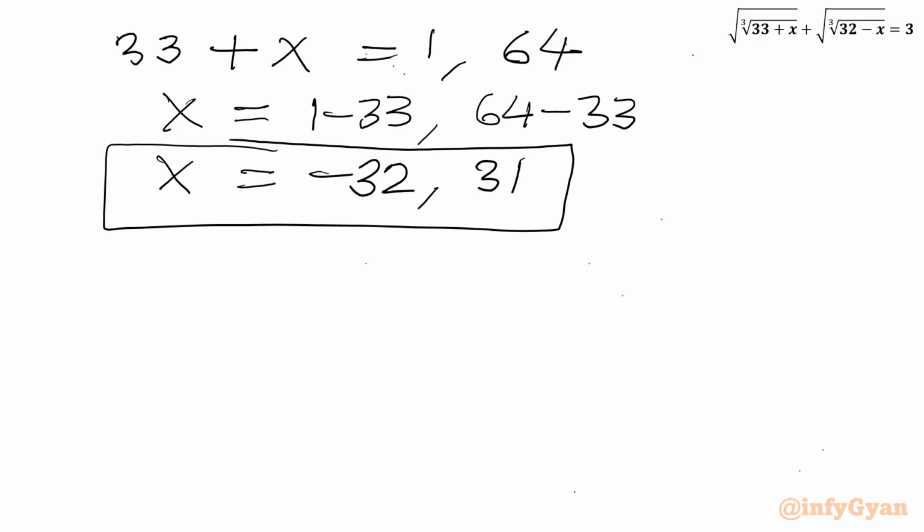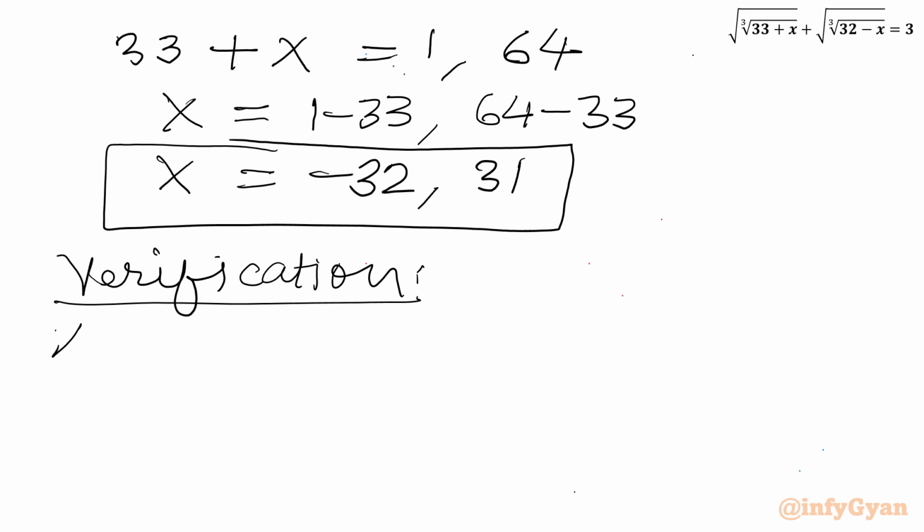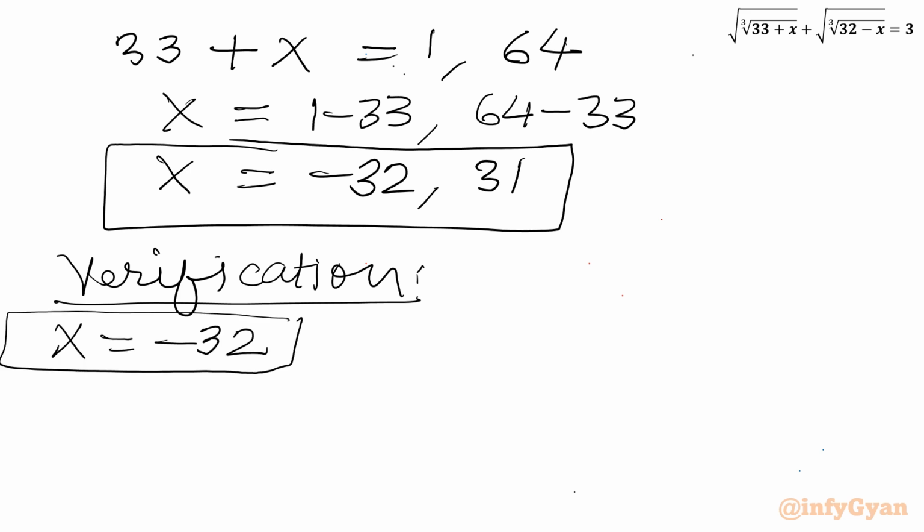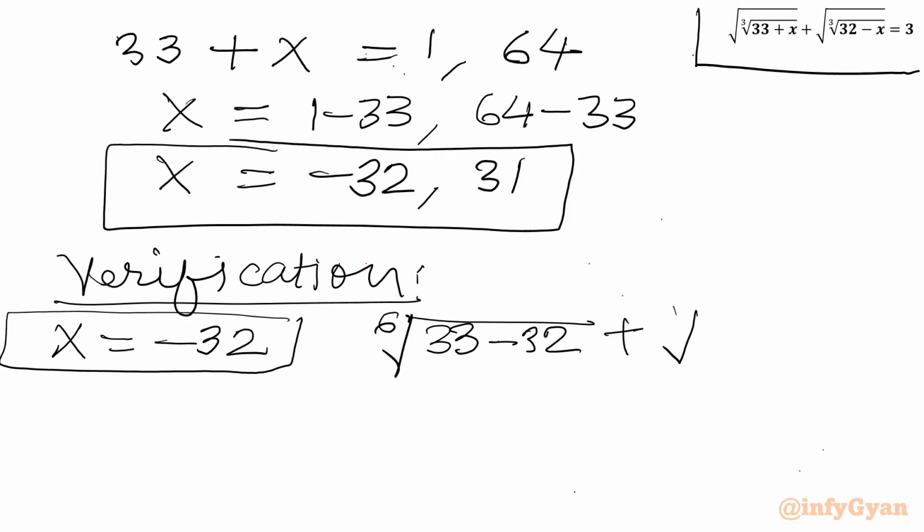Now we have to cross-examine whether it is true or not. So I will be writing here verification. Let us begin with X equal to negative 32. Equation is here. So I can write 6th root of 33 plus x, so 33 minus 32, plus 6th root of 32 minus x, so 32 minus of minus plus.